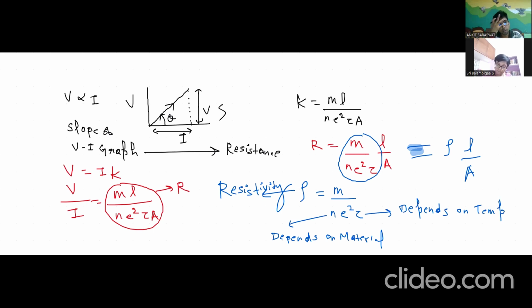Yes. So tau depends on temperature and n depends on material. Next. So what is the value of R? Tell me. R is rho L by A. What is rho? Rho is m by n square tau.